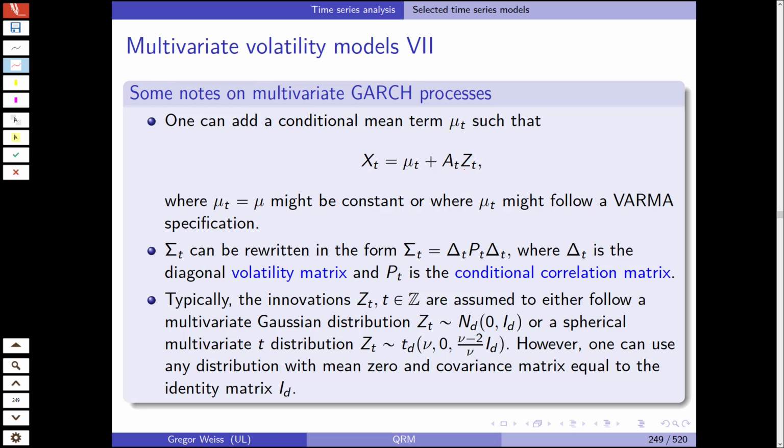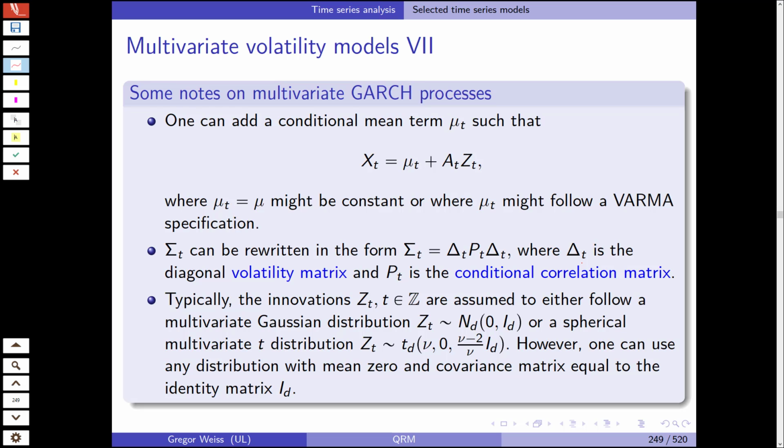And what you can then do is take the variance covariance matrix that is inside this matrix A_t, and it can be rewritten in the form Sigma_t equals Delta_t times P_t times Delta_t. Delta_t is the diagonal volatility matrix, and P_t is the conditional correlation matrix. So you're transforming the variance covariance matrix and splitting it up into the conditional volatilities in Delta and the conditional correlations in the matrix P.